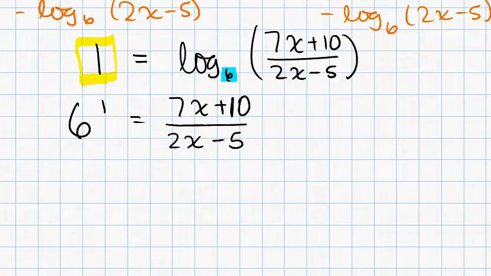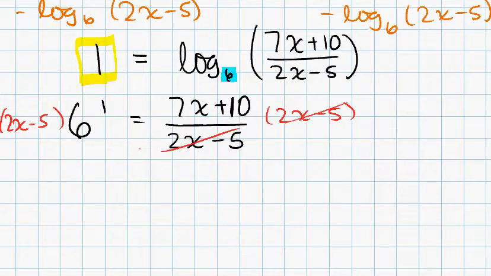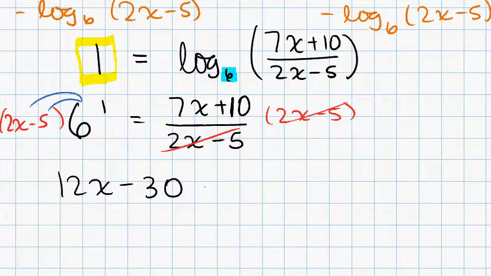What do you do? You're going to multiply by the thing you're dividing by. Multiply by 2x minus 5 on both sides. On the right, they cancel. On the left, you can distribute. So 12x minus 30 equals 7x plus 10.